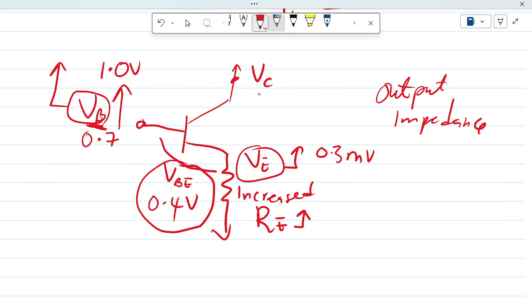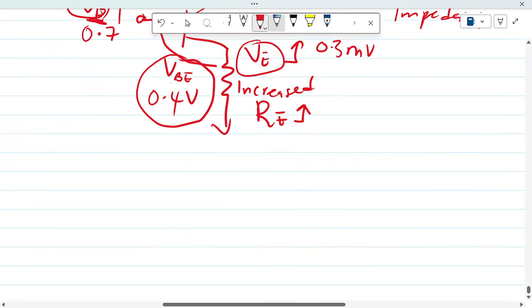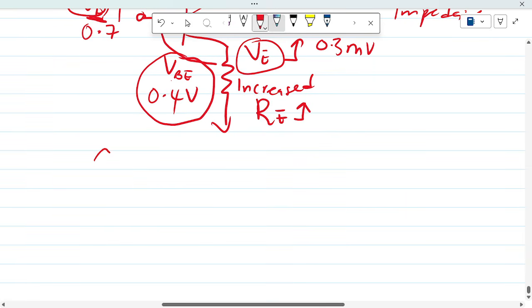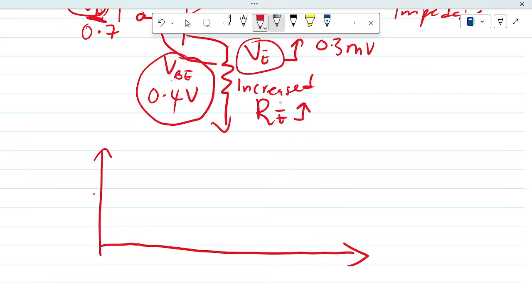Okay, so previously the collector voltage was at 0.8, which kept the base collector junction reverse biased. So it means my current source would behave like this. Up to 0.8, that's when the device goes into the forward active region and I get my straight line.